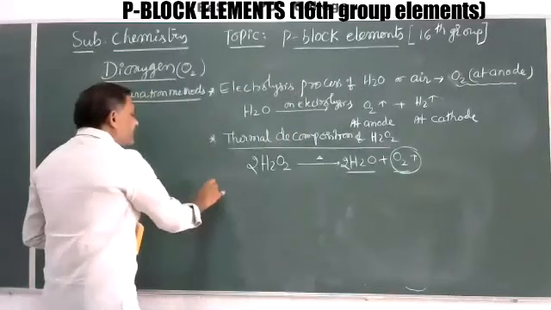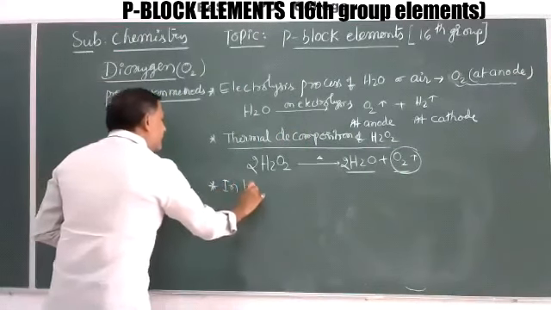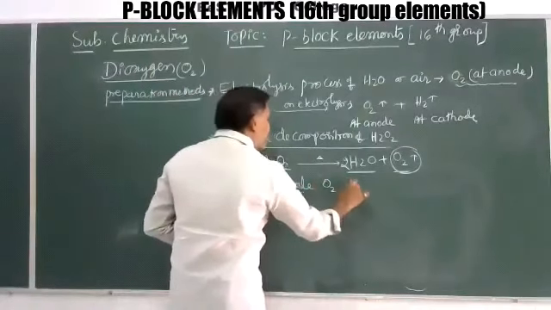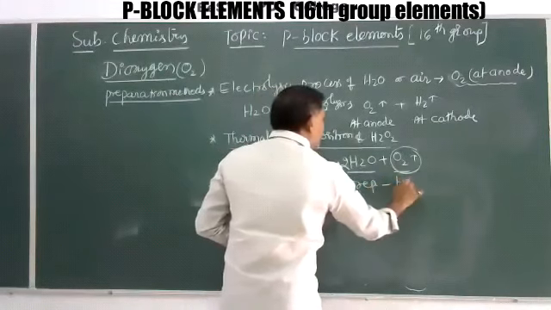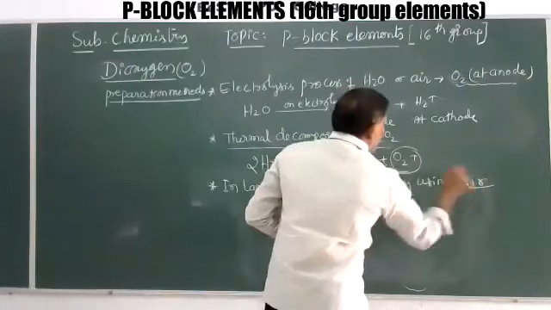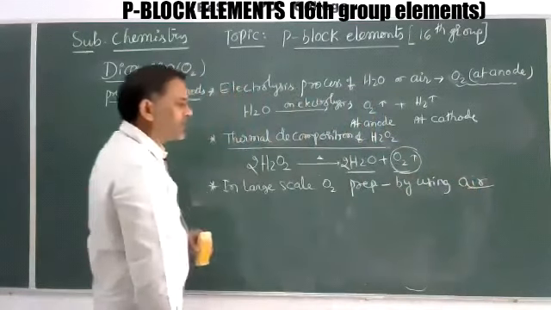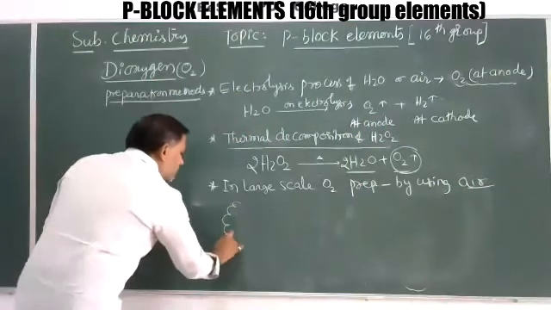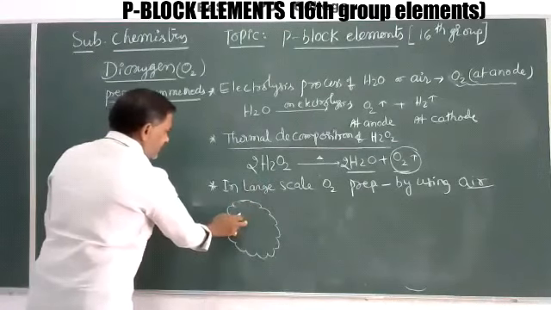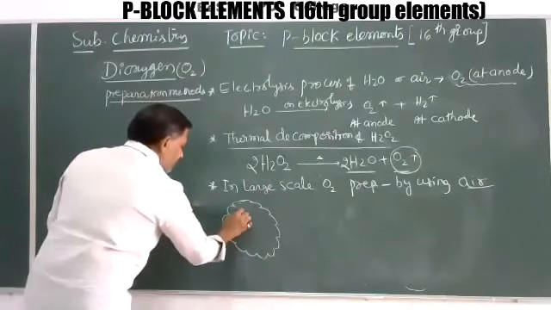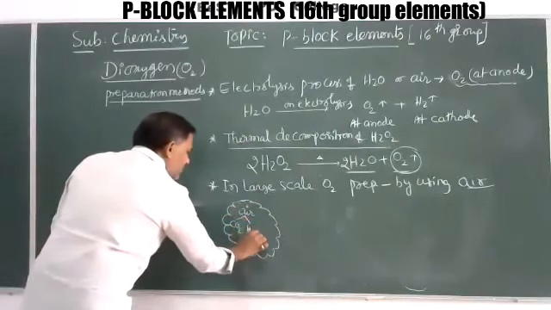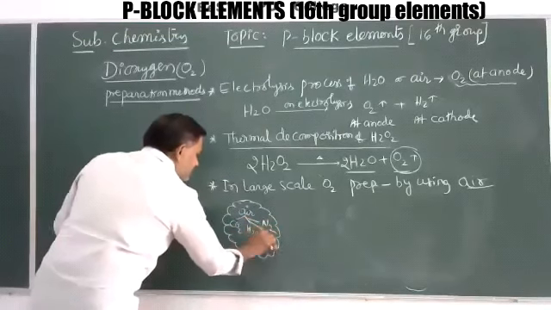And finally, on a large scale, O2 is prepared by using atmospheric air. We can prepare it on a large scale because atmospheric air already contains 20.96% oxygen. The atmospheric air contains carbon dioxide, water moisture, nitrogen gas and oxygen gas.